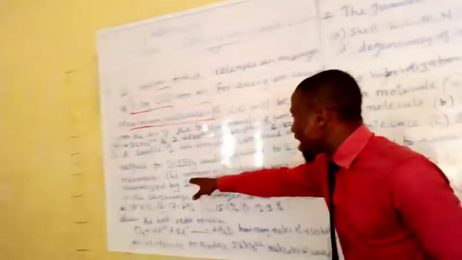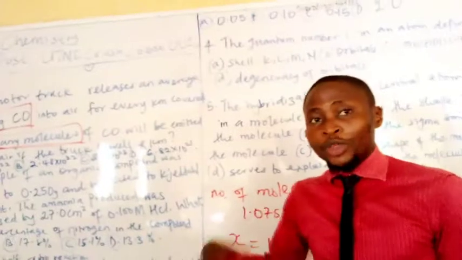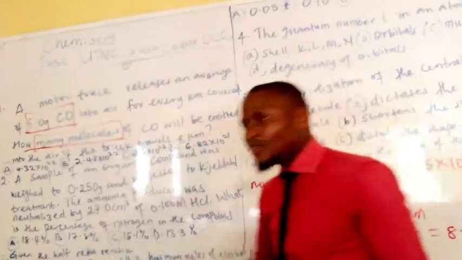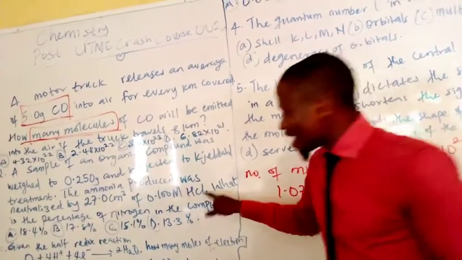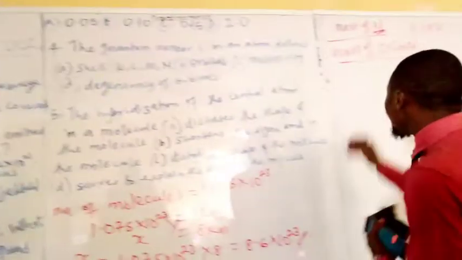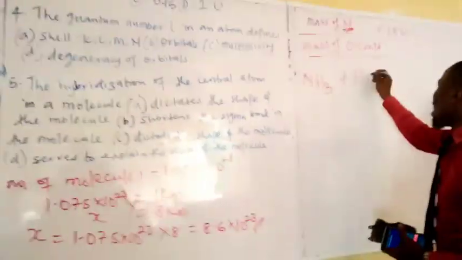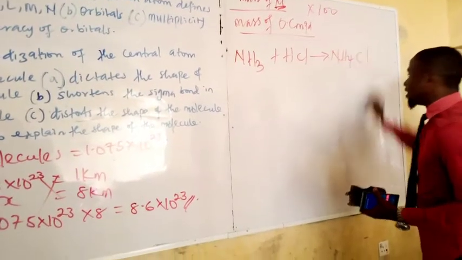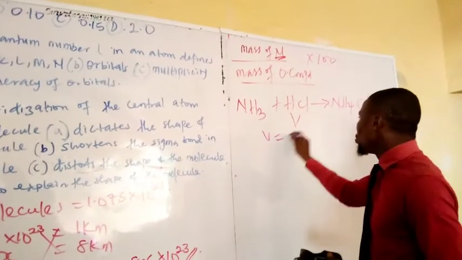However, we were told that the ammonia was produced from the organic compound, and the ammonia was discovered to be neutralized by 27.0 cm cube of 0.100 molar HCl, which means there was a reaction between ammonia and HCl to give ammonium chloride. This HCl, we were told that the volume is what?